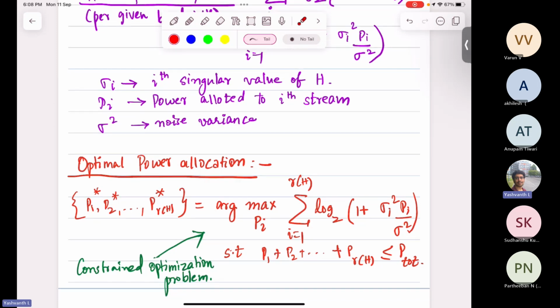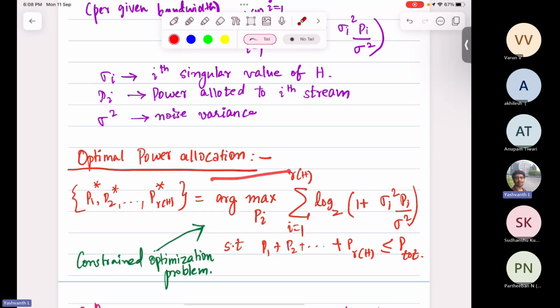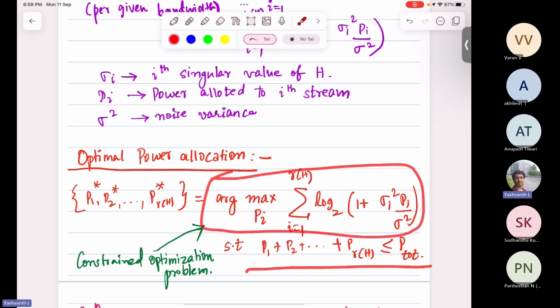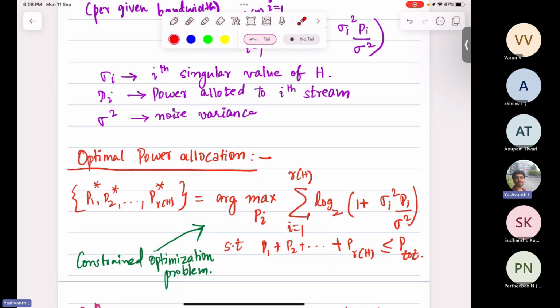But this is just a part, because we also have a constraint. Power is in some sense a natural resource, and we would not want to give more power to the system, because we also want to maintain an energy efficient system. For example, if we are all using mobile phones, we don't want our mobile phones to emit a very large power, else there are many health issues that we may run into easily.